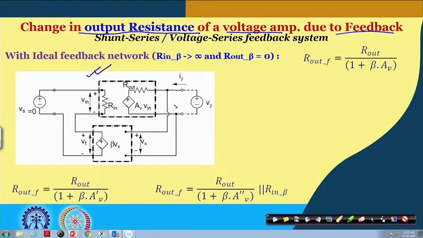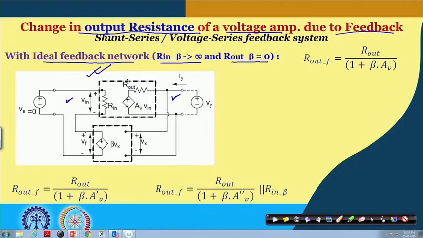The configuration here is referred to as shunt-series feedback, or voltage-series feedback circuit. To start with, let me consider the feedback network to be ideal, namely its input resistance is infinite, and the output resistance, as it is producing voltage, is 0.